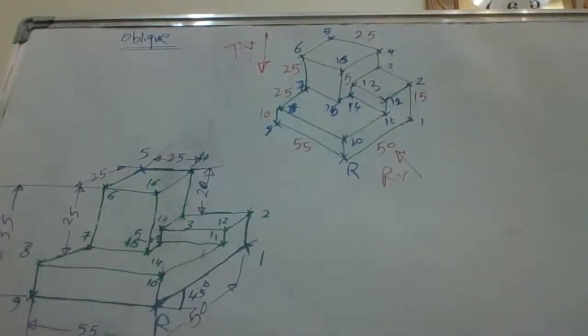We can inspect the drawing here to see if we missed any of these. 5, 5, 15, okay, we did not miss any length. If we miss, we can write it simply.